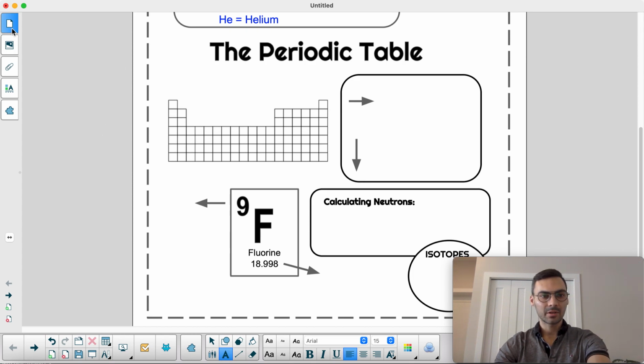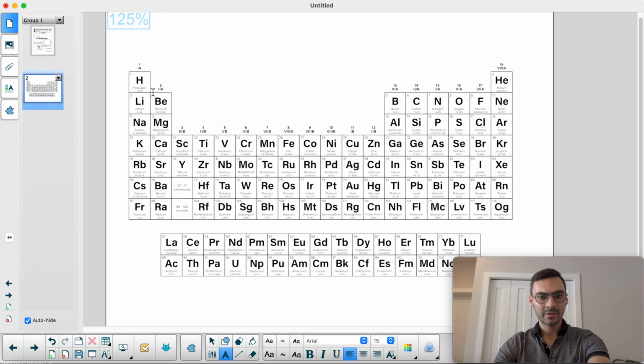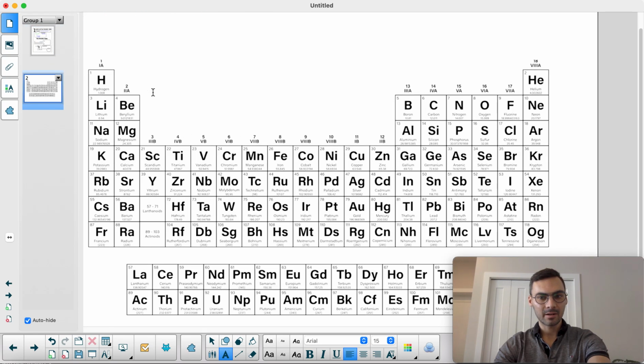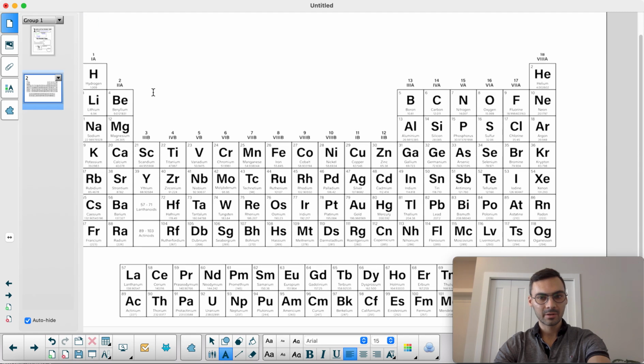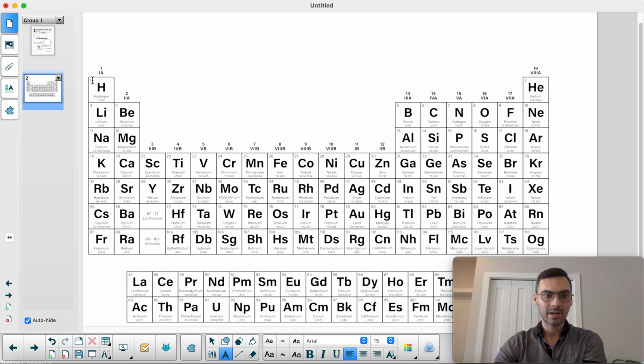Now we have to look back at our table here, and you'll notice, very, very small, that there are numbers on each of the symbols here. It starts over here, hydrogen, with 1, all the way to helium 2, 3, 4, 5, 6, 7, 8, 9, 10, 11, 12, and so on.